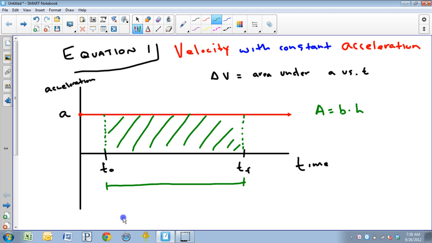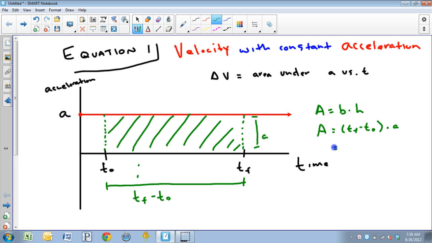So our base here is t final minus t initial, and the height here we see is a. So in general, the area is equal to t final minus t initial times a.